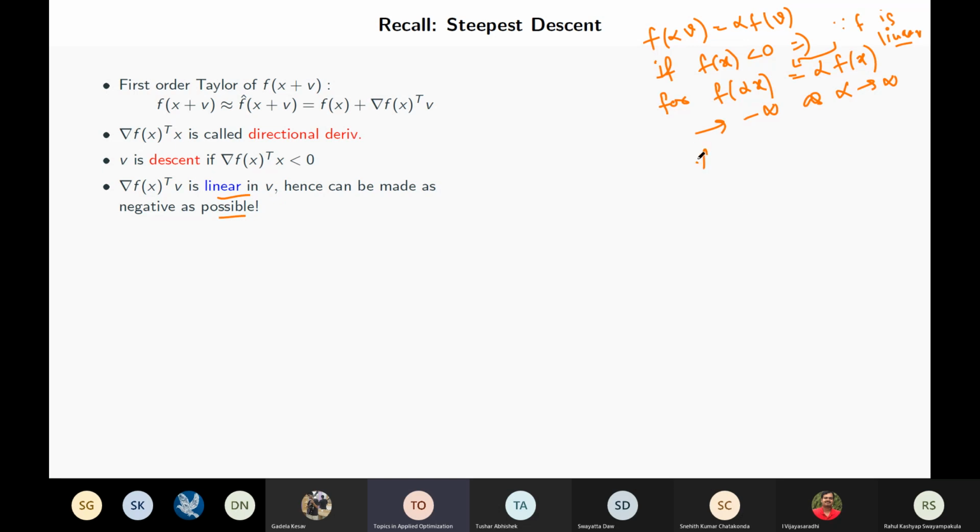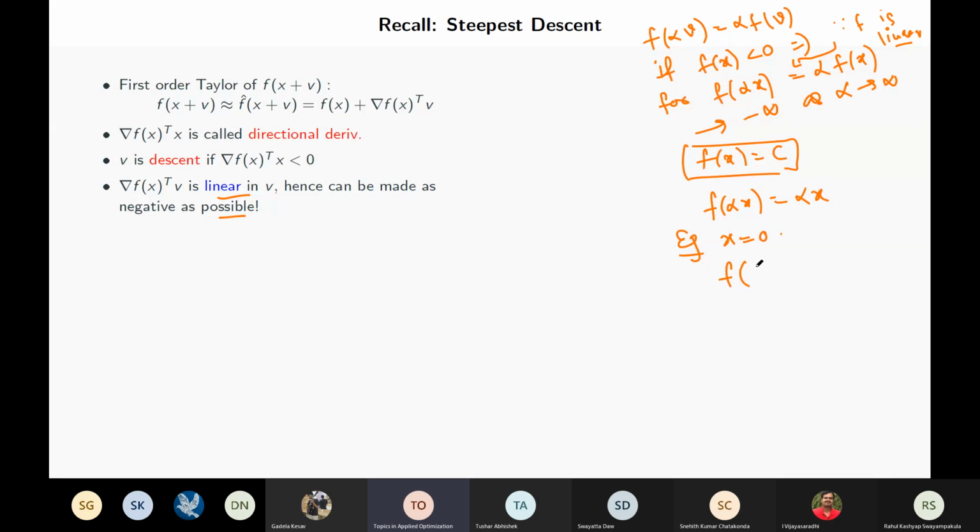Remember that a constant function is not a linear function. Okay, some people get confused and say that a constant function is a linear function. No, a constant function is not a linear function because it does not satisfy f of alpha x equals alpha f of x. For example, for x equals 0, it should be 0.